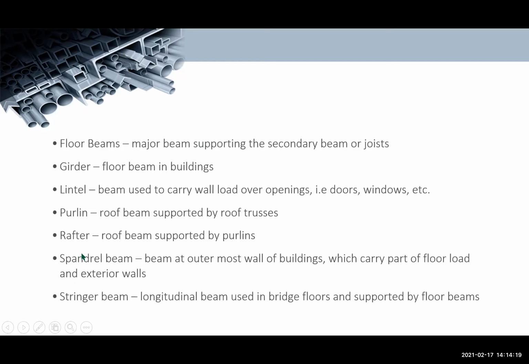Next, we have your rafter or roof beam supported by purlins. Ano ba yung rafter? Sige, dun sa hindi alam, no? Di ba ang trusses natin, di ba ganito? Familiar kayo yung parang Warren truss o yung mga ganitong klaseng truss.